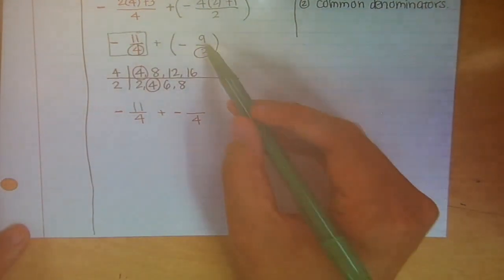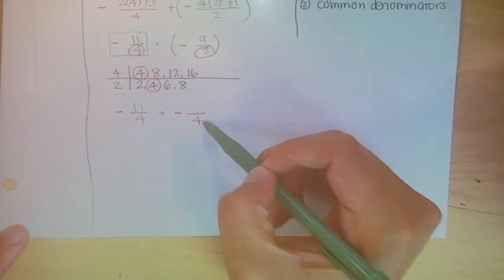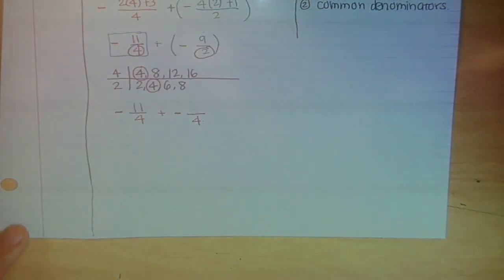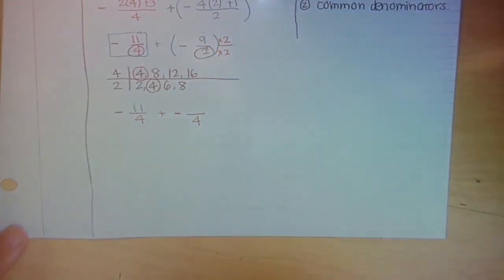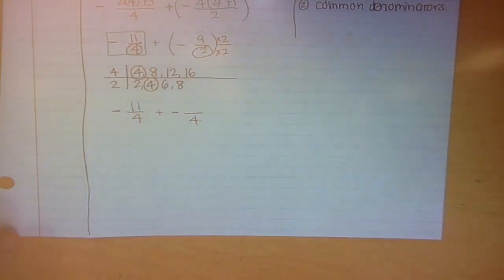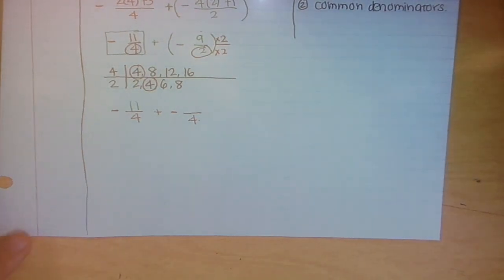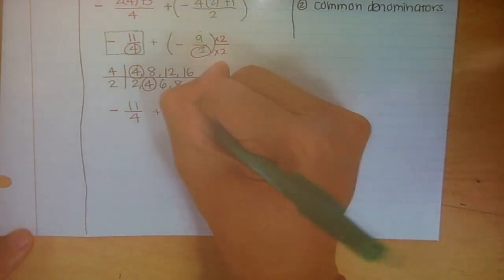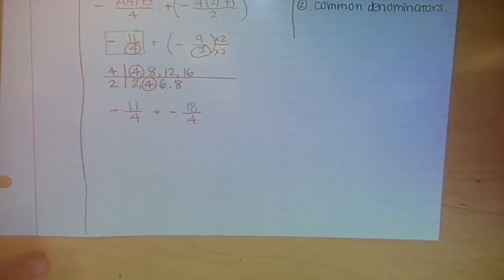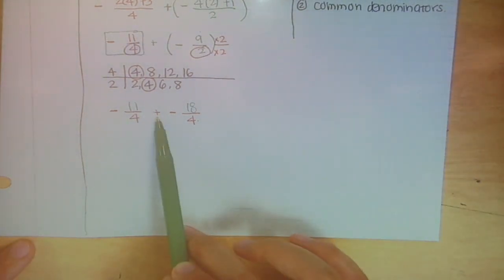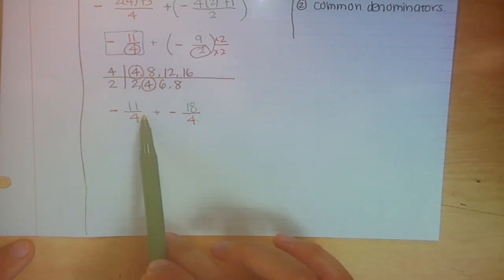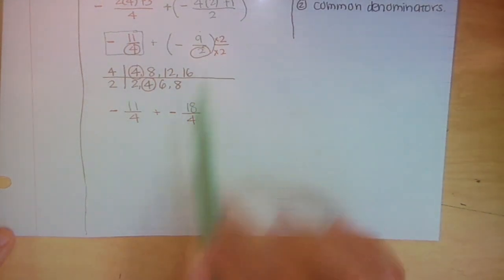Then I have to turn -9 over 2 into a denominator of 4. So I'm going to multiply by 2 on the denominator and multiply by 2 on the numerator. Because this is a form of 1, we can do that. 9 times 2 is going to give us 18 over 4. So we found common denominators and equivalent fractions. So 11 over 4 became 11 over 4. 9 over 2 became 18 over 4.